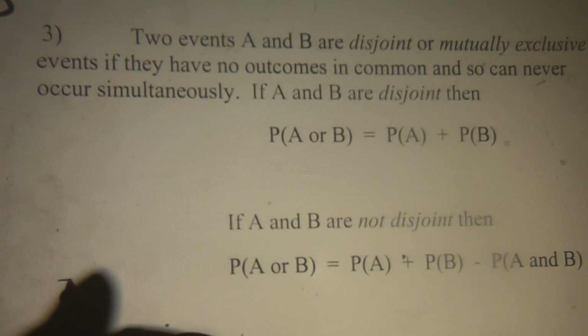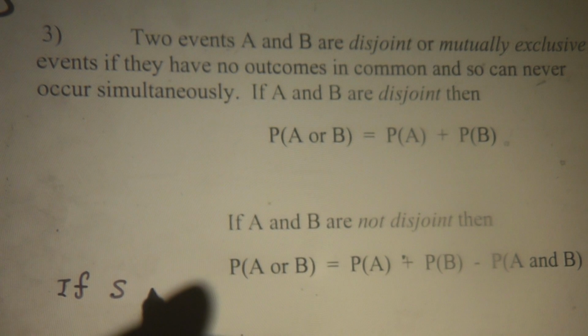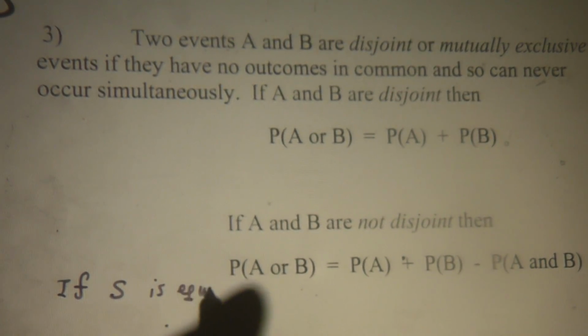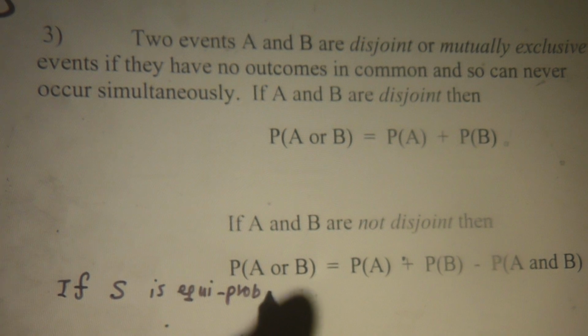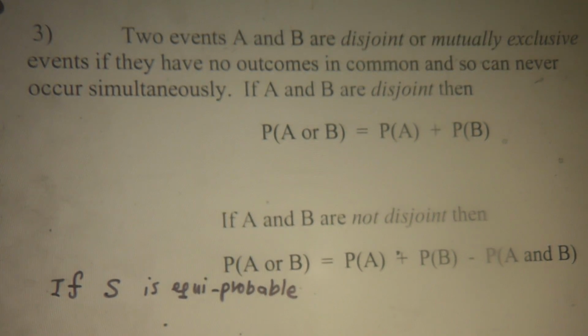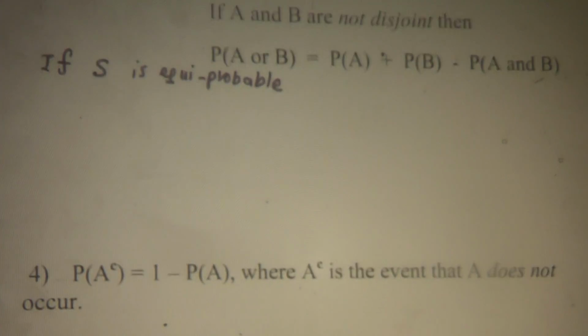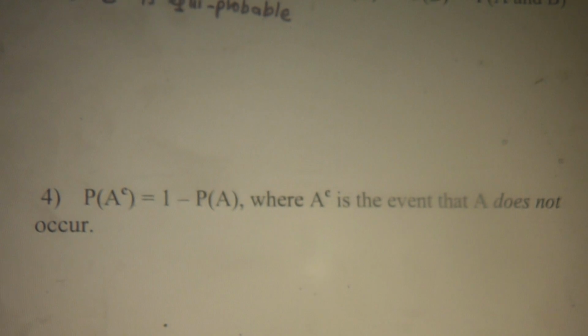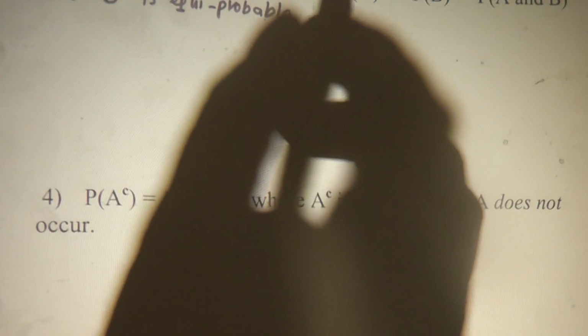If we assume S is equiprobable, then probability A or B can be written as number of outcomes in A or B divided by number of possible outcomes in the sample space.